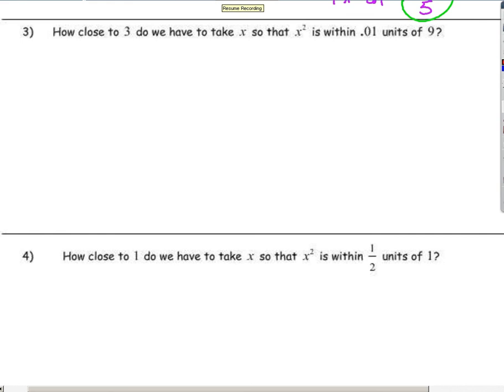All right, on this one we're looking to see how close to 3 we have to take x so that x squared is within 0.01 units of 9. We've got our setup down now where we start with the absolute value of x. We subtract. Well, here we're talking about how close to 3 we have to get, so we'll subtract 3. That'll be less than the delta we're looking for.